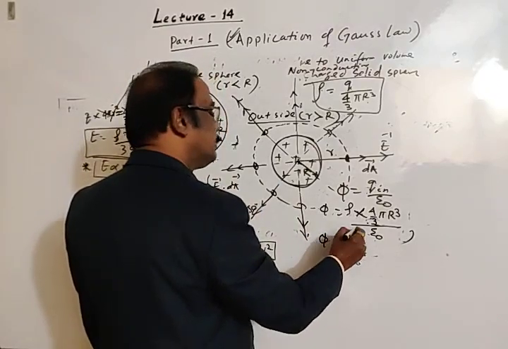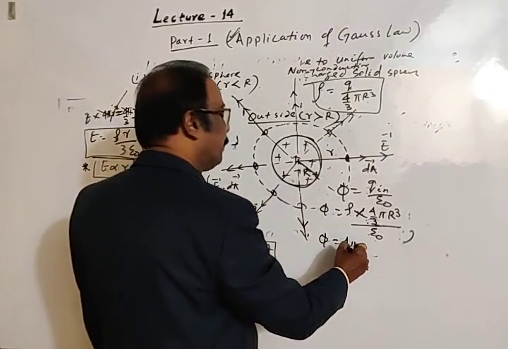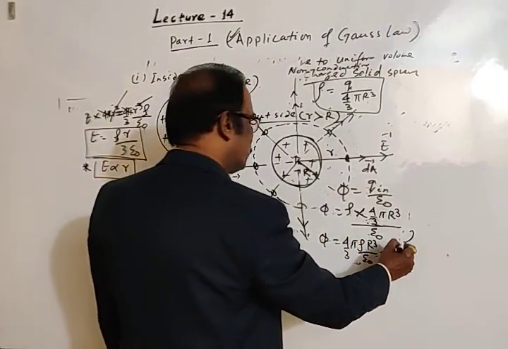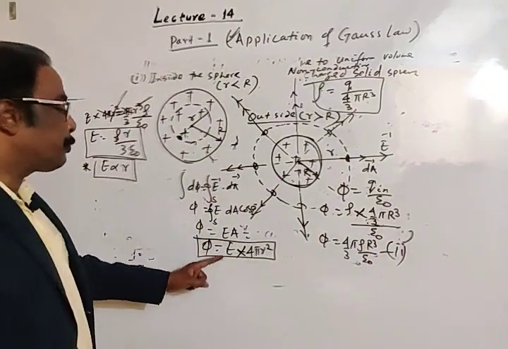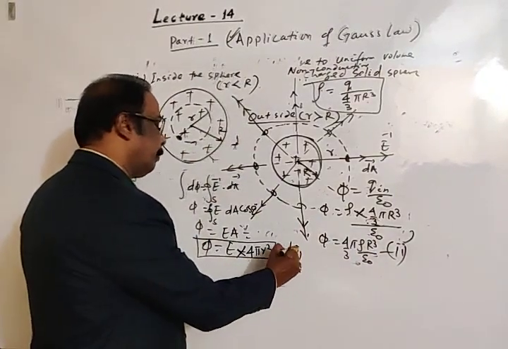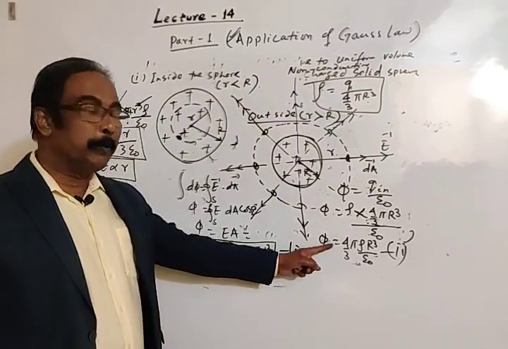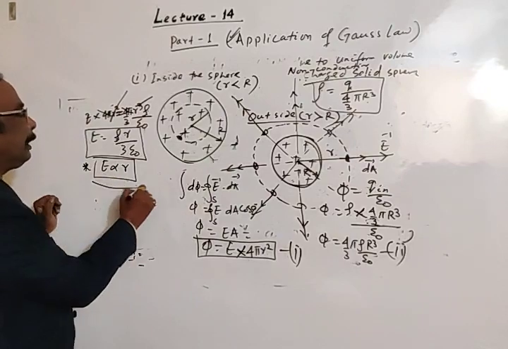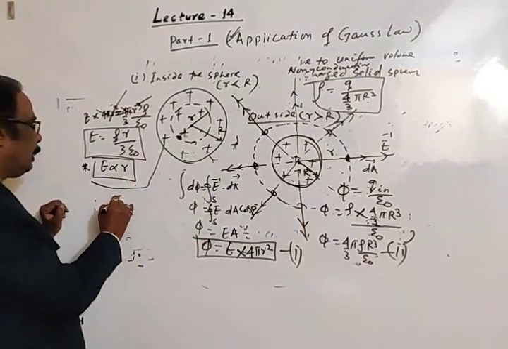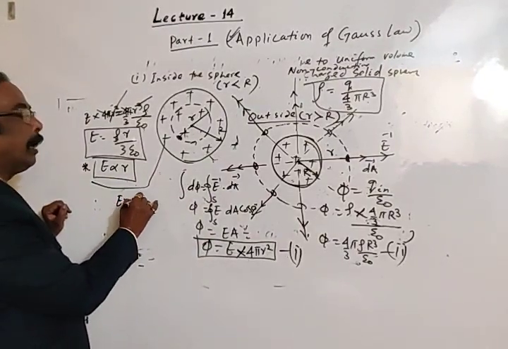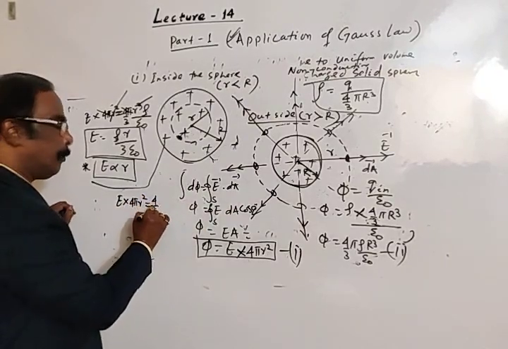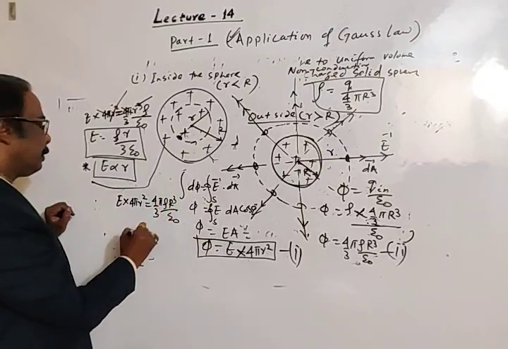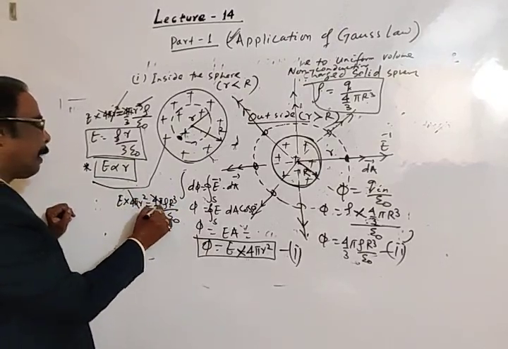Then flux is equal to 4/3 π ρ R cube divided by epsilon naught, equation 2. This is equation 1, a formula for flux. This is also a formula for flux. Now equating equations 1 and 2, E times 4π r square is equal to 4/3 π ρ R cube divided by epsilon naught. 4π gets cancelled.